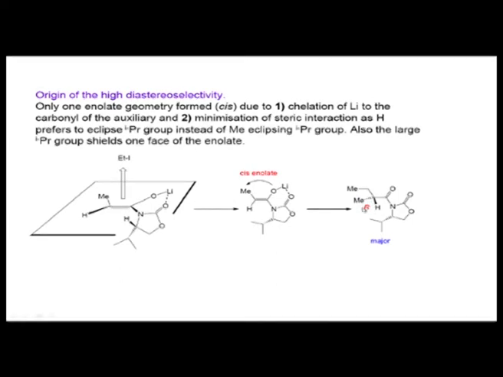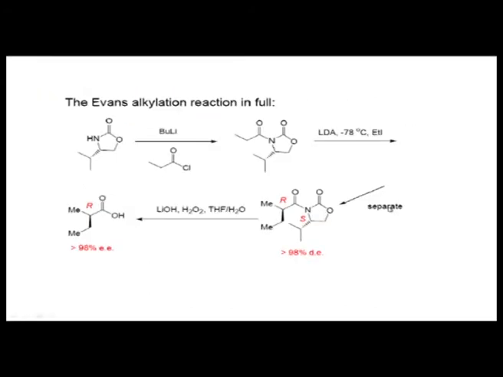So, this is the R compound. Okay. The beauty of Evans chiral auxiliary is that if you take the other chiral auxiliary where the isopropyl is beta and the hydrogen is alpha, then you get exactly the opposite compound, the S compound.